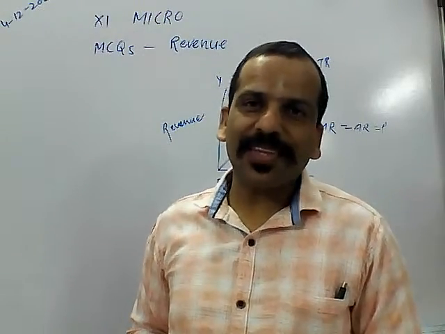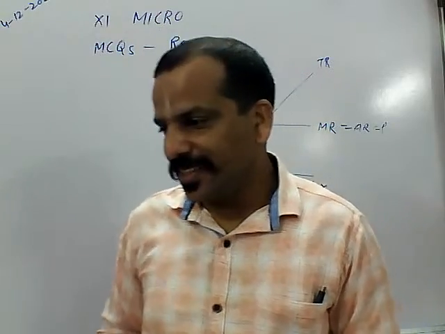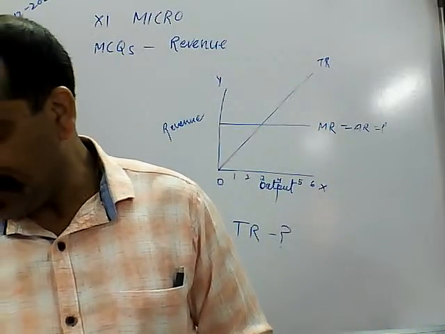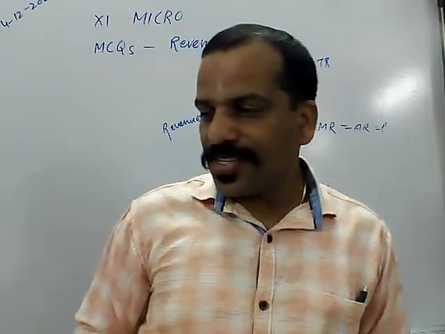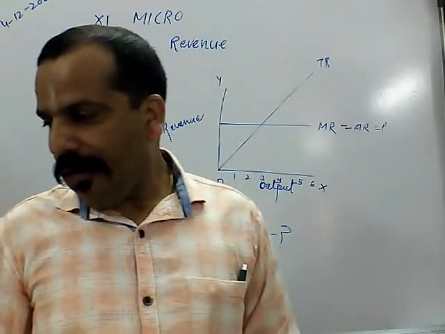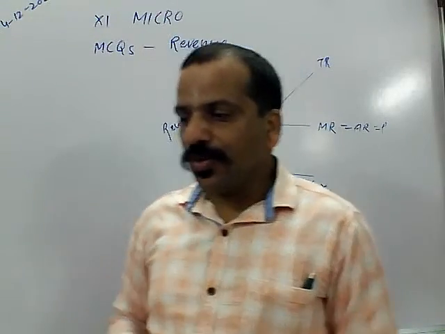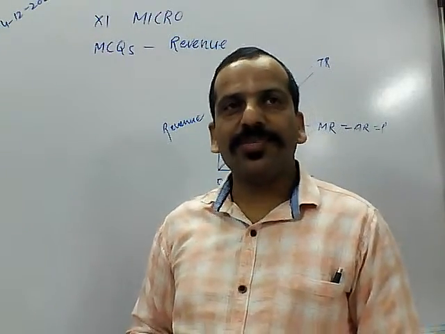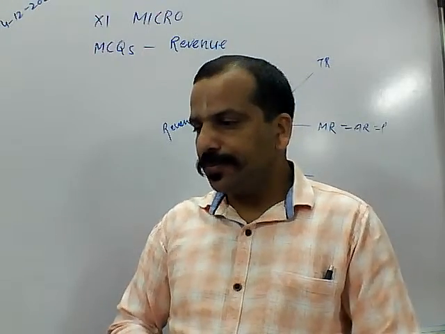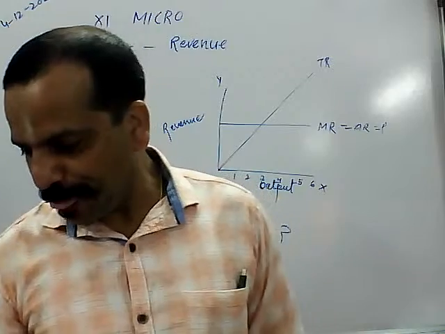Maximum, good. So when prices fall with the rise in output and total revenue is maximum, marginal revenue is 0. Good.